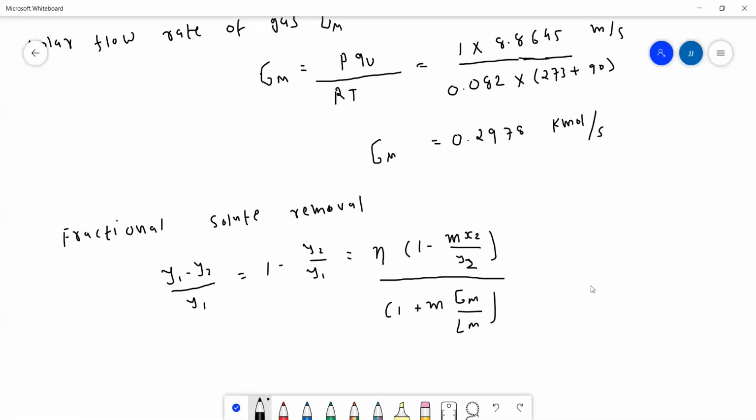This is the equation of fractional solute removal, where the mass transfer efficiency eta is equal to 1 minus e raised to minus Ng, where Ng is the number of transfer units.